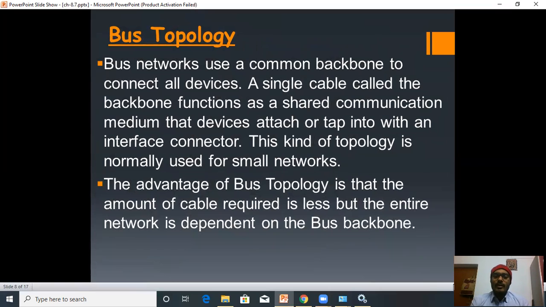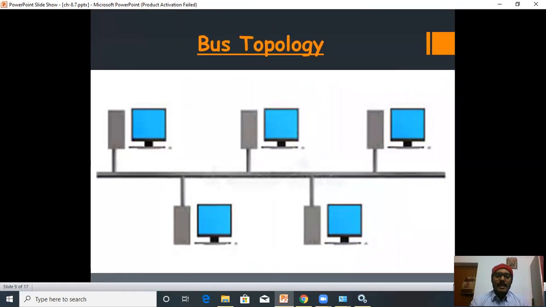And this kind of topology is normally used for small networks. In this network, a common backbone is connected to all the devices. You can see this is the main wire through which all the devices are connected. And when this wire breaks, there is a disconnection between the networks.